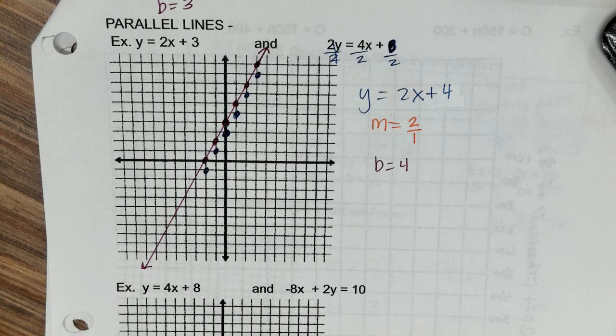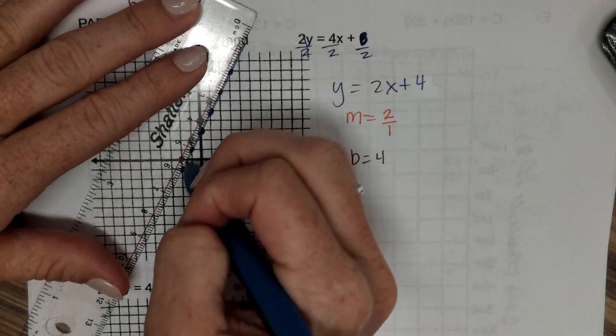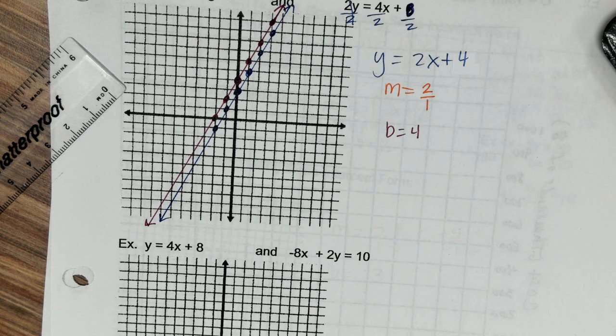When you connect those dots, they should never intersect with your first line because they are parallel lines.